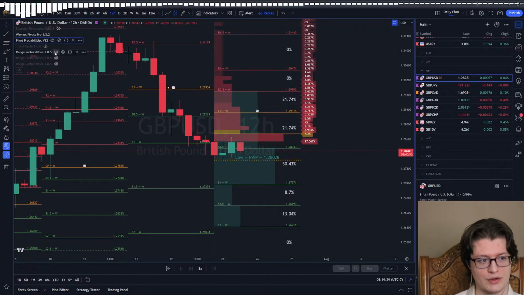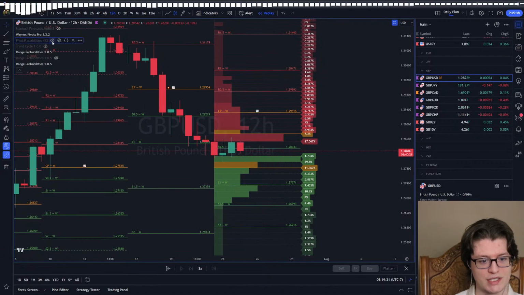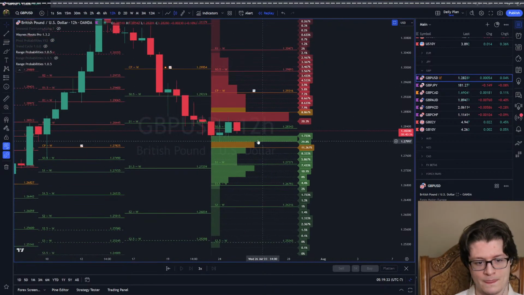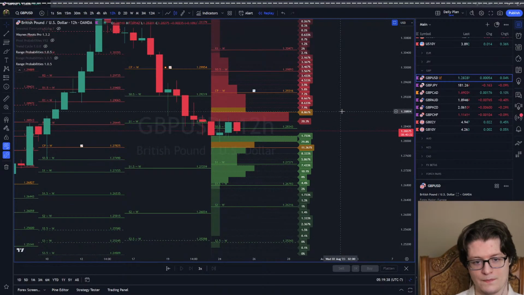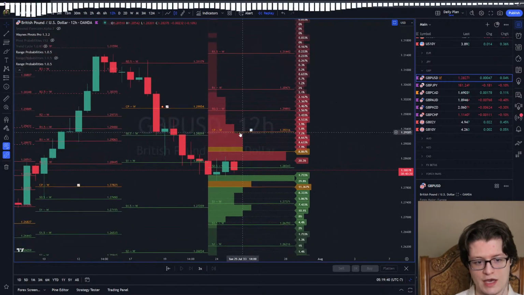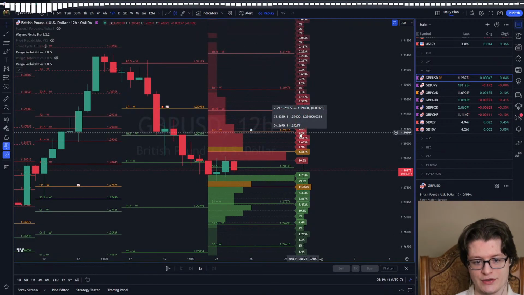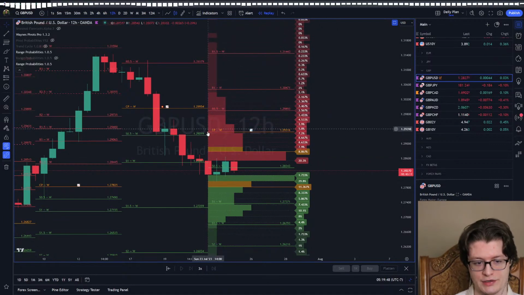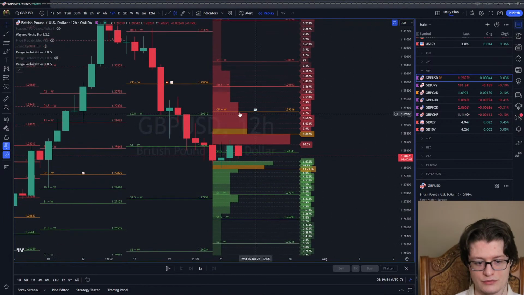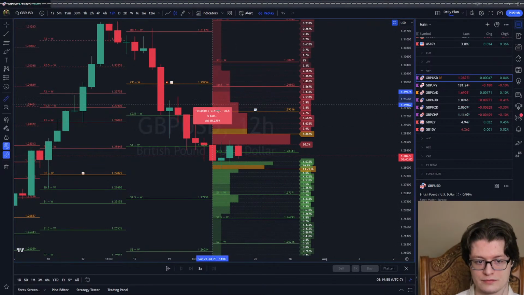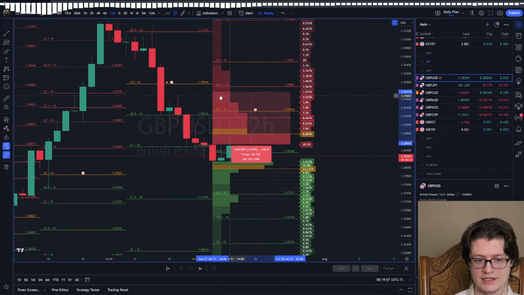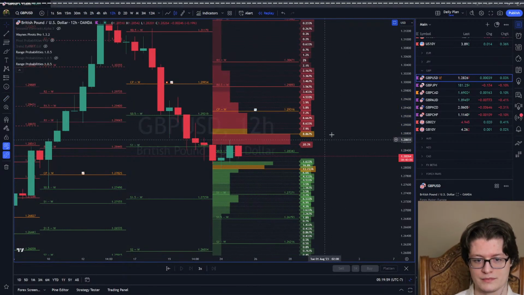Real quick, I wonder, what does range probabilities tell us? Not so insignificant likelihood that the low is in. Going to the weekly central pivot is still definitely within nominal odds here. You can see how rich the color is in this whole area. This whole area has a big highlight around it.